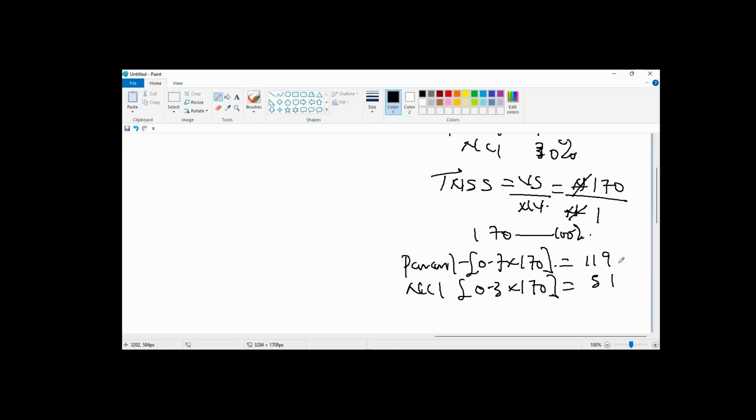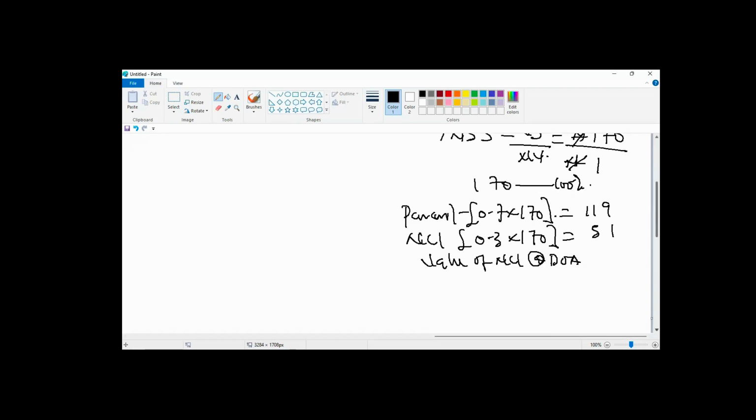Now, I cannot get the value of NCI at the date of acquisition. What is the value of NCI at the date of acquisition? He has given you the market price per share of 1.50. I will just multiply by 51. This is the market price per share.